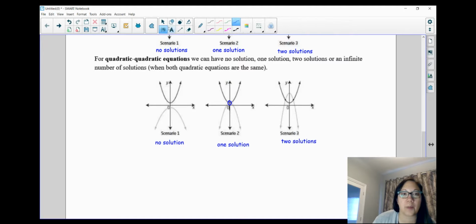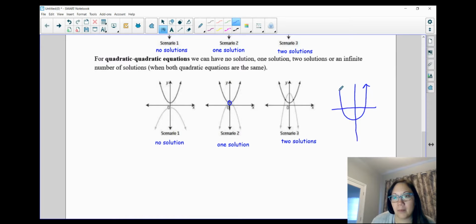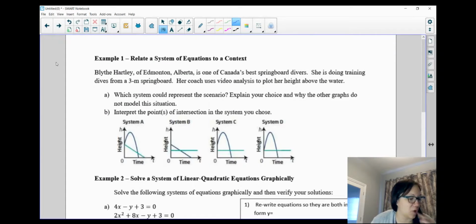You're not going to see it super often, but I'm just going to add it in here that if you have the same parabola twice, then we could have infinite solutions. Of course, you can't have that when you have a line and a parabola because they're never going to overlap all of their points. But that's another possibility, although we must not encounter very many of those because I didn't even mention it in my typed up notes.